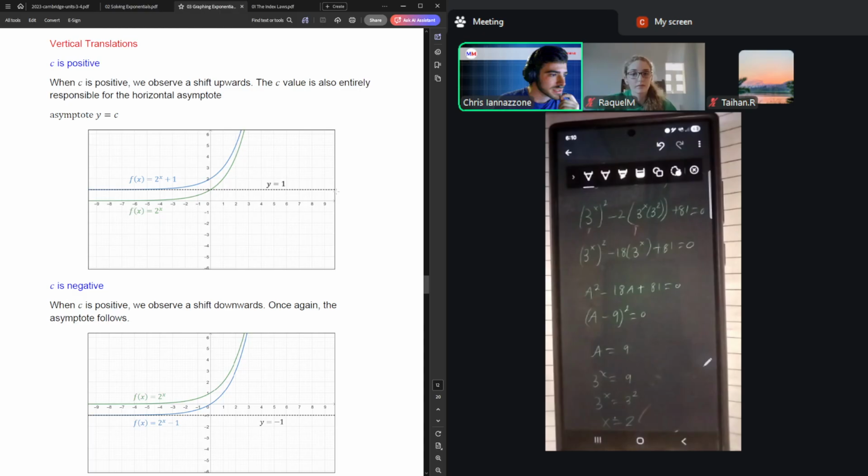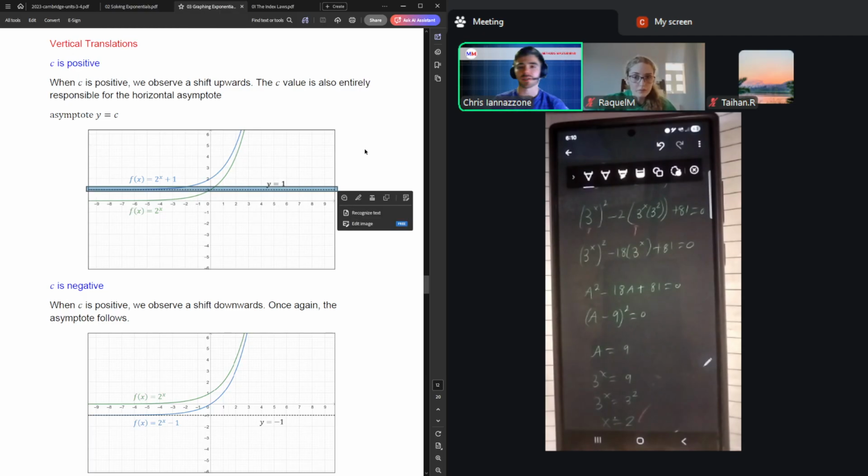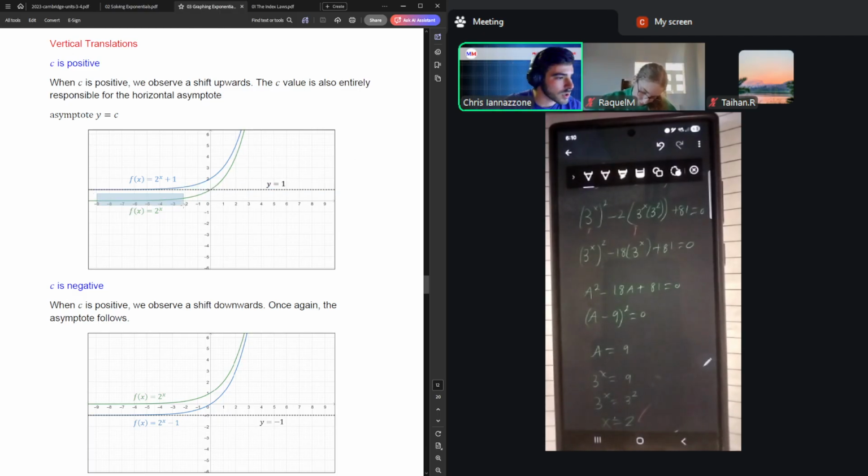Vertical translations are the more important term, because shifting the whole thing up reveals the asymptote as a key feature that you now have to document. So normally you have an asymptote at y equals 0. This is as you get closer and closer to 0.